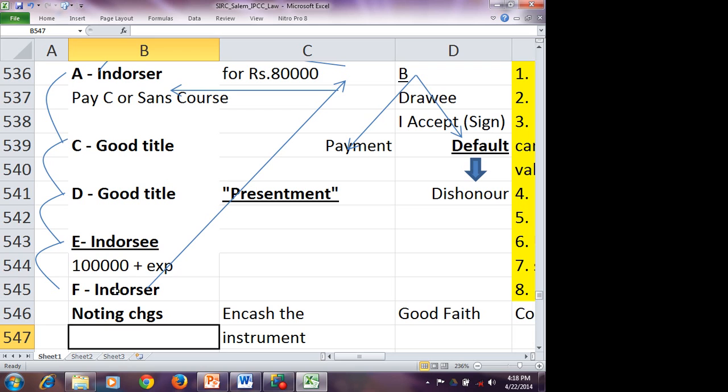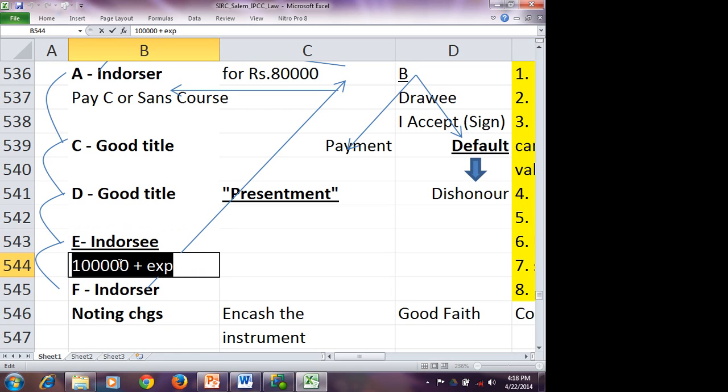So F can recover 1 lakh plus expenses from E. Supposing E makes a sans frais endorsement, he says pay F or order, and includes the words sans frais. Sans is without, frais is expense. E says I am liable only without expense, which means upon dishonor F can make E liable only for 1 lakh rupees, not expenses. Expenses have to be borne only by F. That's called sans frais endorsement.